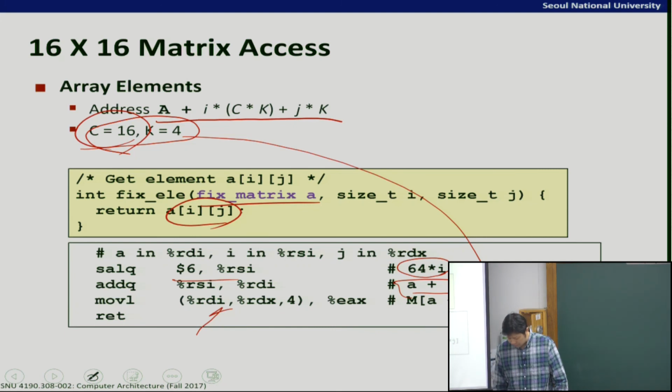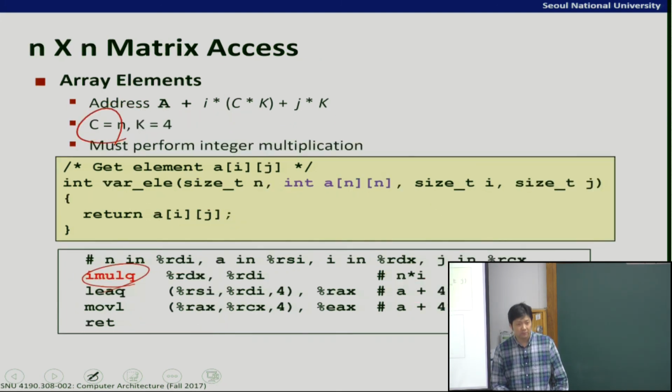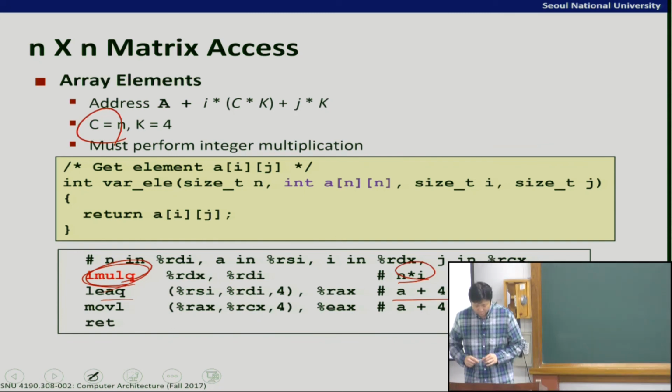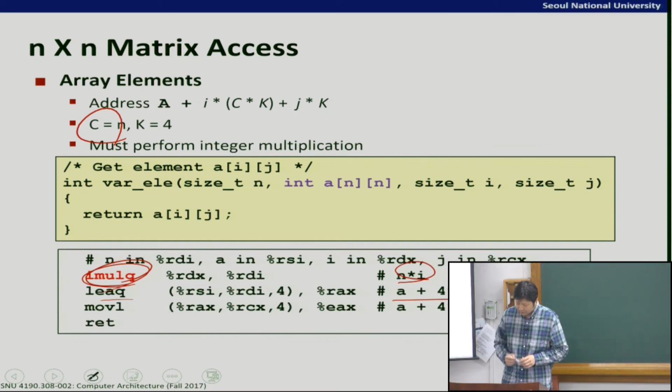But here, the value of c is n, which is determined when you actually run the program. So we cannot avoid using this general integer multiply, because we have to calculate the value of n times I, and we use this LEA instruction to calculate 4 times n times I. And finally, we use this move instruction to access a plus 4 times n times I.